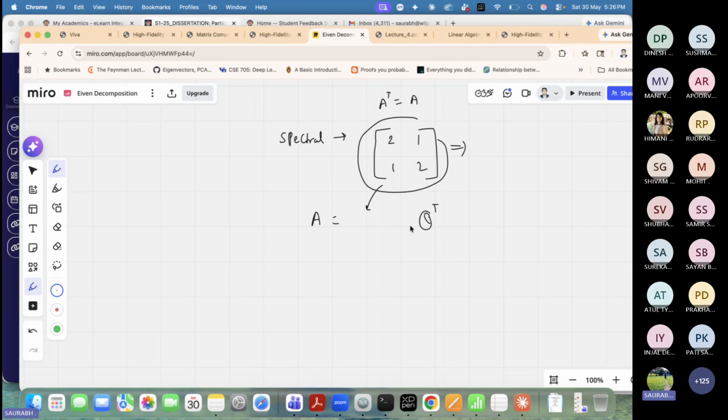Second is scaling, which is generally written down as lambda. And then Q, again rotation. So a symmetric matrix can be easily decomposed into three specific types of transformations: rotation, scaling, and then rotation again.